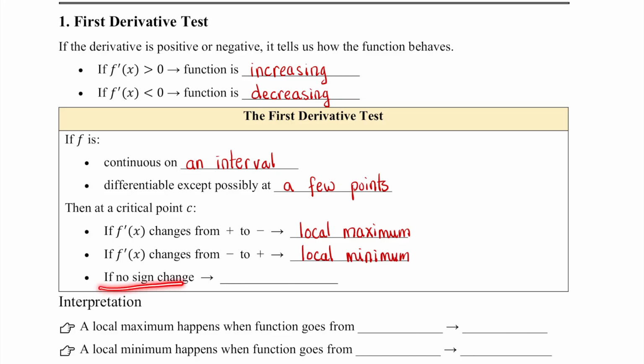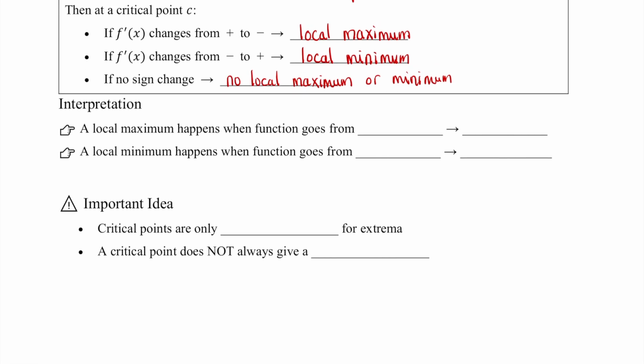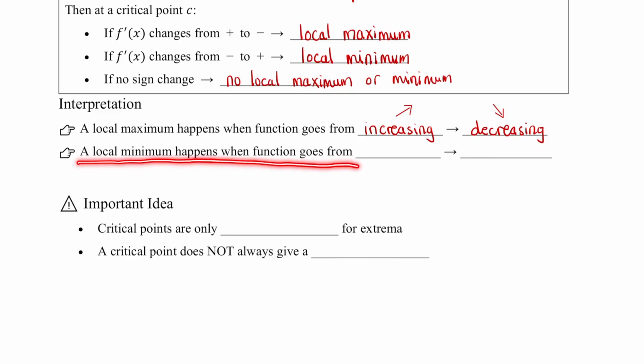If the sign of the derivative does not change, then there's no local maximum or minimum here. So a local maximum happens when the function goes from increasing to decreasing. A local minimum happens when the function goes from decreasing to increasing.